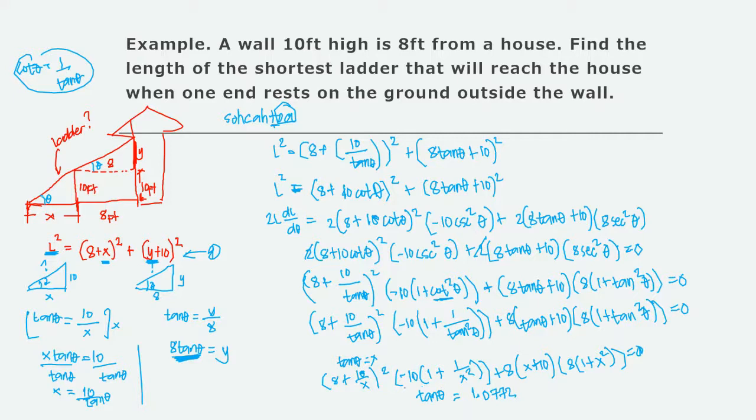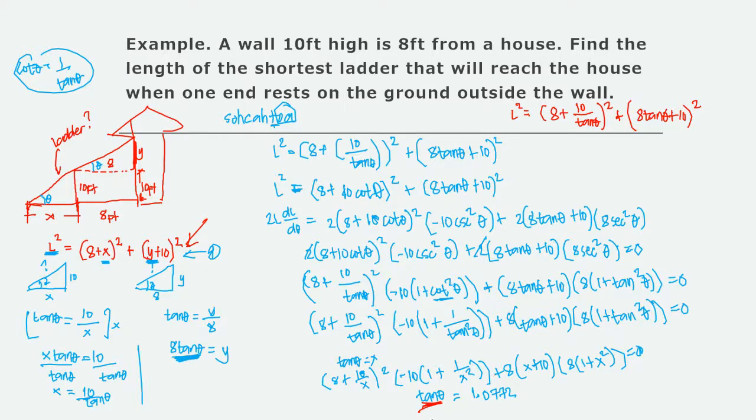1.0772. So that being said, we can now substitute the value of our tangent theta in our equation. We have L squared is equivalent to (8 plus the value of x, which is 10 over tangent theta squared, plus the value of y, which is 8 tan theta plus 10) squared.